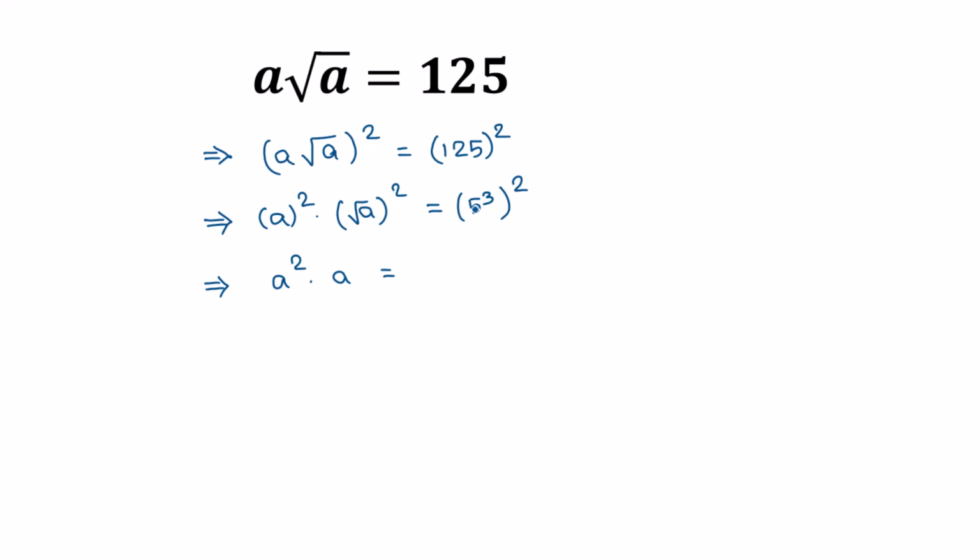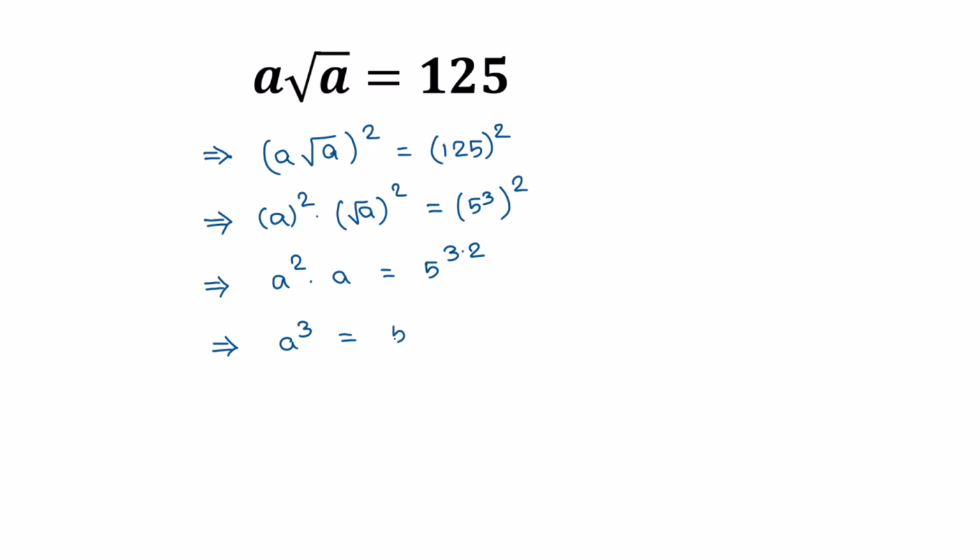And it will be a is equal to, now 5 to the power 3 whole to the power 2, we can write 5 to the power 3 times 2, or a square times a, this is a to the power 3 is equal to 5 to the power 3 times 2.